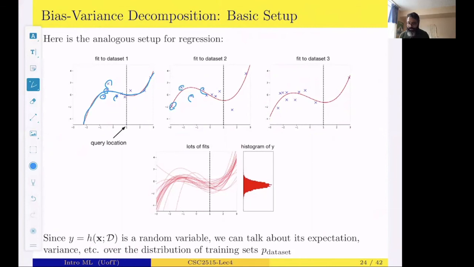Suppose we fit some regression function to these data points using whatever method you want to use. As a result, you get different fits that have randomness in them, coming from the randomness of the data set. I'm repeating this many, many times just to make sure that by the end of today you remember it.